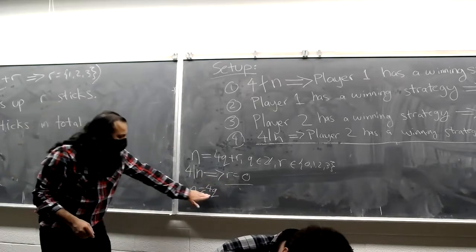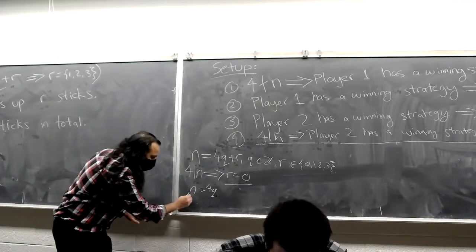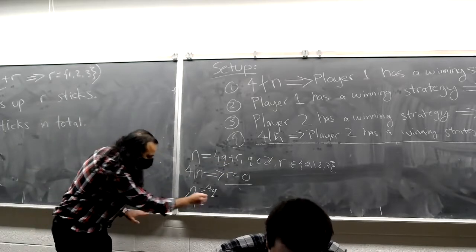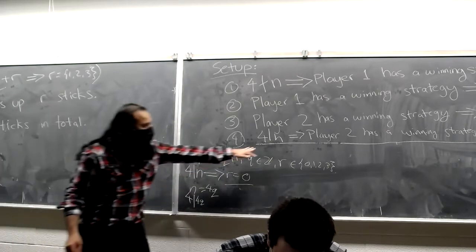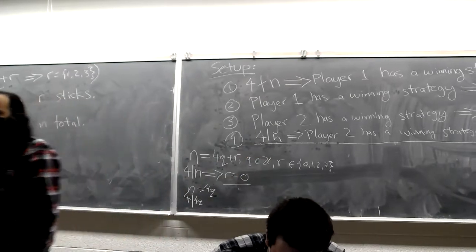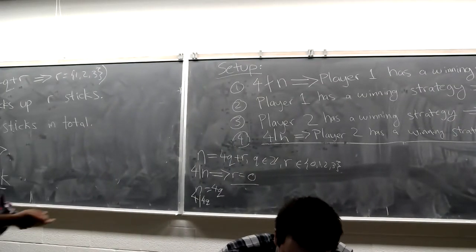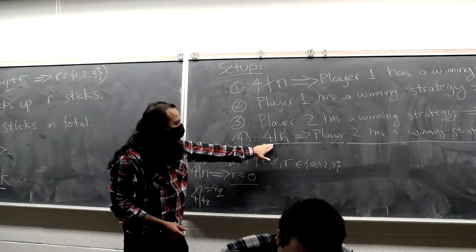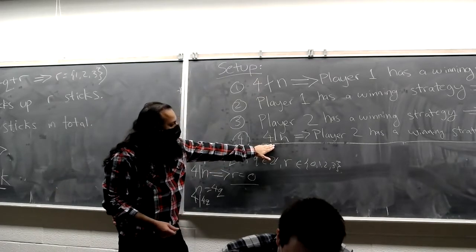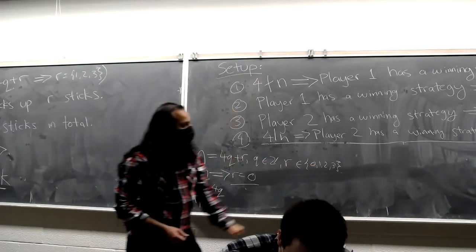So n equals 4q because r equals 0, right? So that means 4 divides 4q. That's all I'm saying about the hypothesis here. And then the fact that you're divisible by 4 means that by your inductive assumption, if you're divisible by 4, then player 2 has a winning strategy.